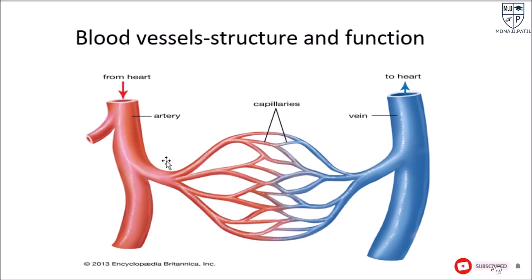Due to this, exchange of material between capillaries and cells becomes easy. During the exchange, oxygen, nutrients, hormones, vitamins, etc. are sent toward the cells, and waste material of the cells moves into the blood. Capillaries unite together to form vessels of larger diameter called veins, and a capillary network is present in each organ.